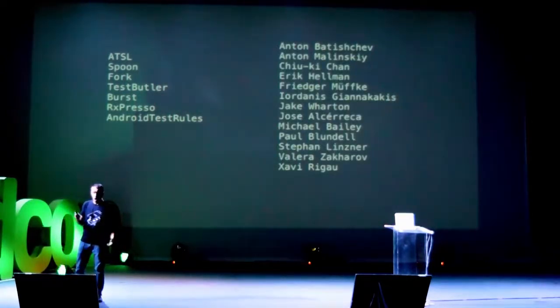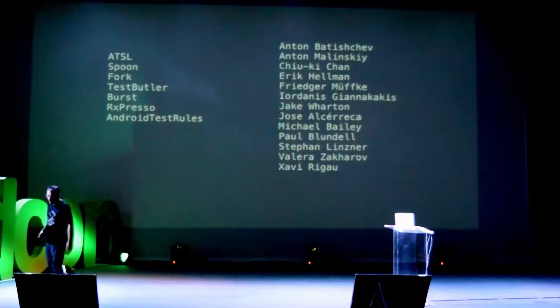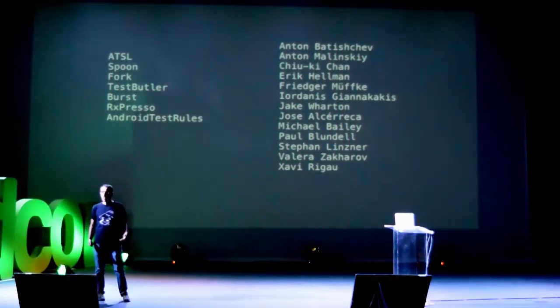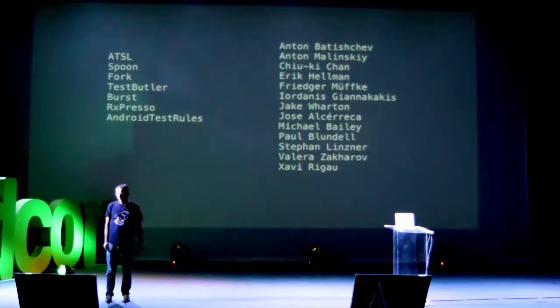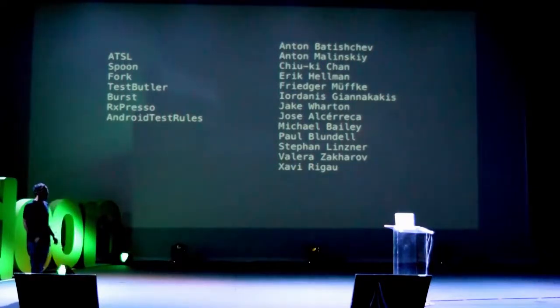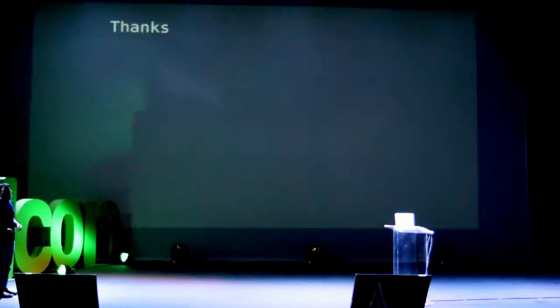And of course, all this stuff comes from many people who help every day in trying to better understand how instrumentation works. If you follow these people on Twitter, Facebook, whatever, you will learn a lot more about testing.